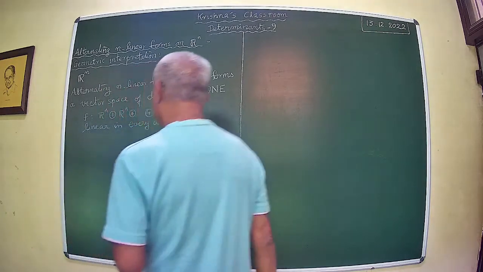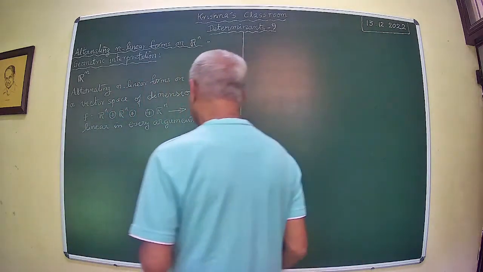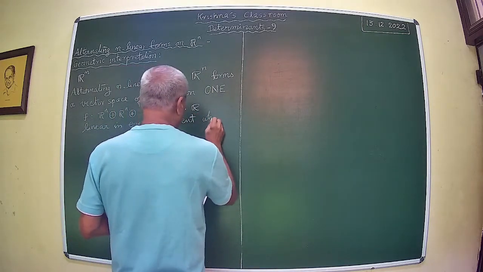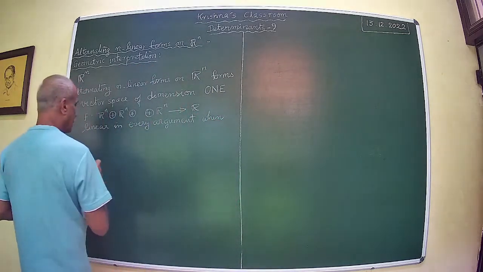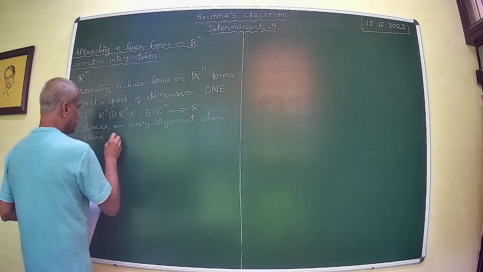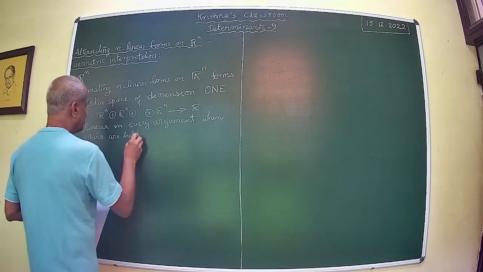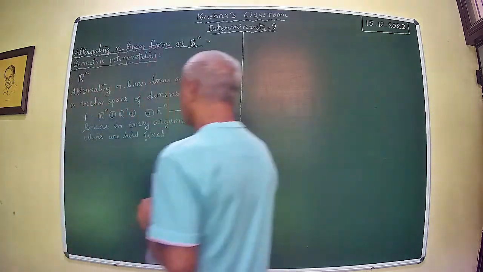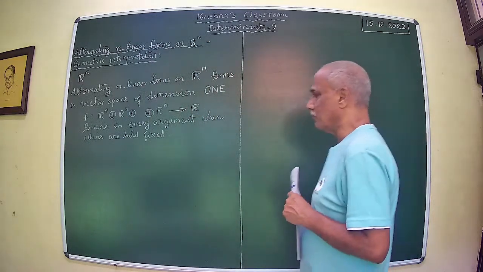The arguments are elements in Rn, when the others are held fixed. So that's an n-linear form.